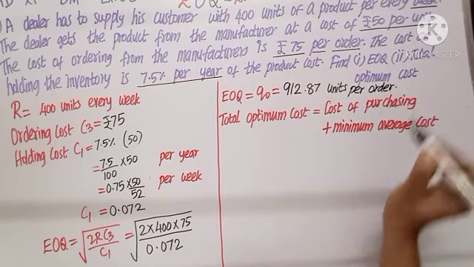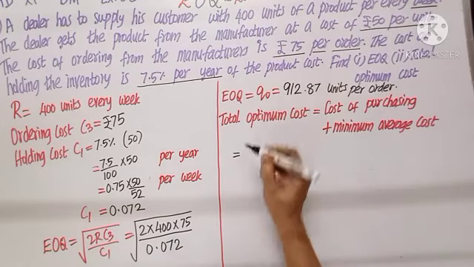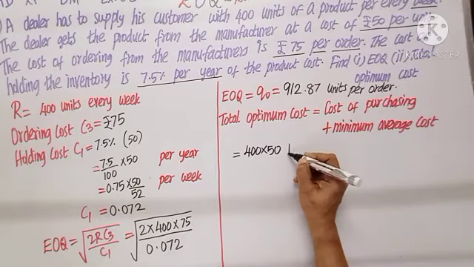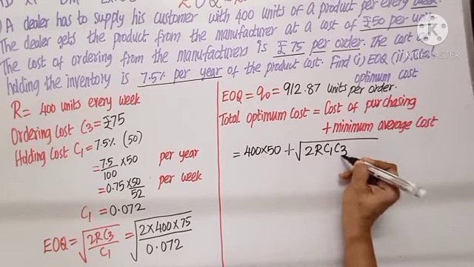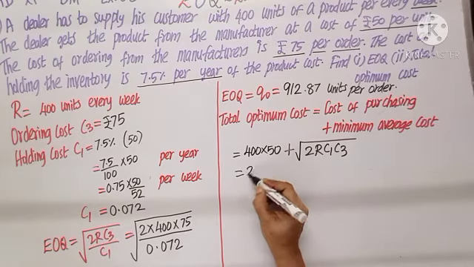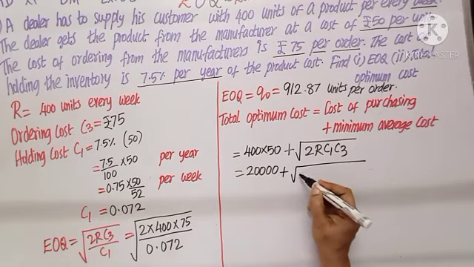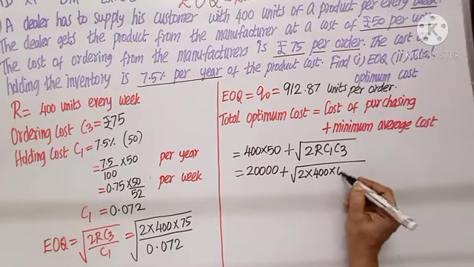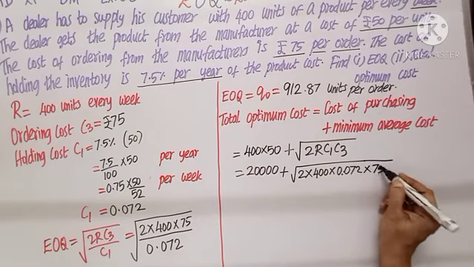The next question. Total optimum cost. Cost of purchasing. How many units? 400 into unit cost 50 plus minimum average cost, root of 2R C1 C3. As we simplify, it is 400 into 50, 20,000, plus root of 2 into R is 400, C1 is 0.072, into C3 is 75.